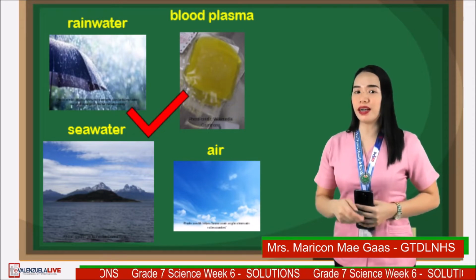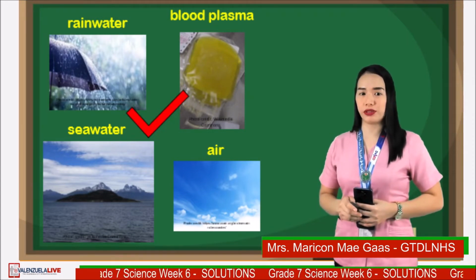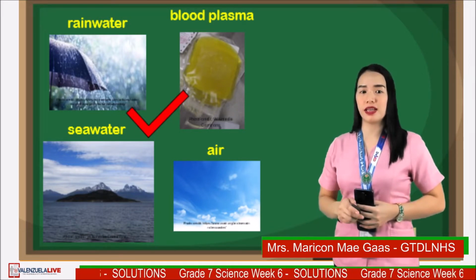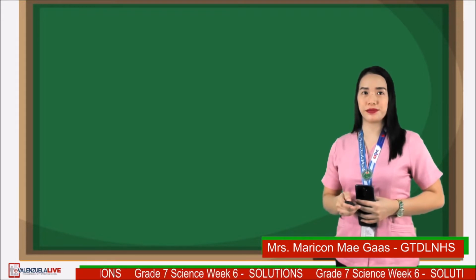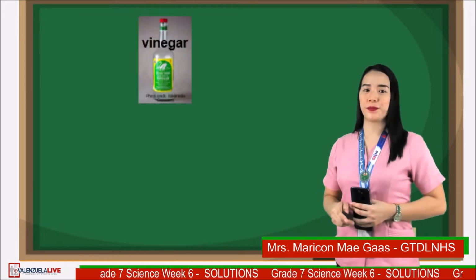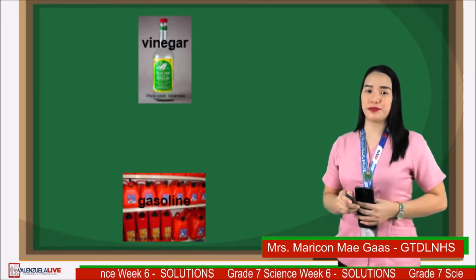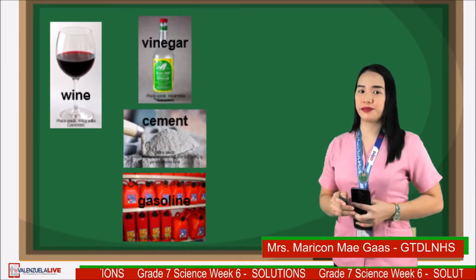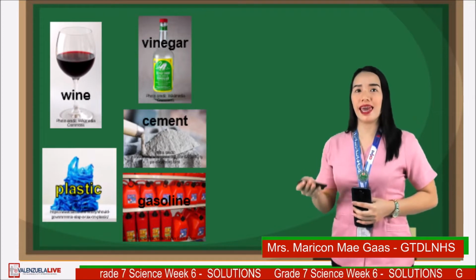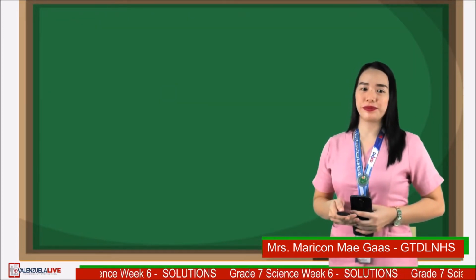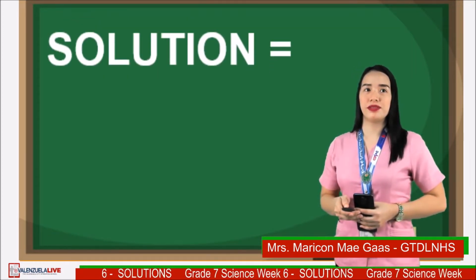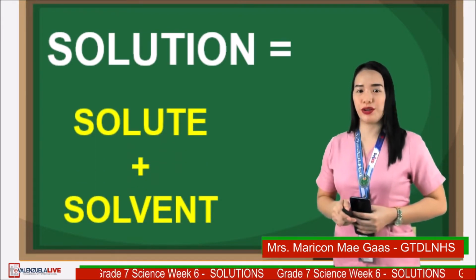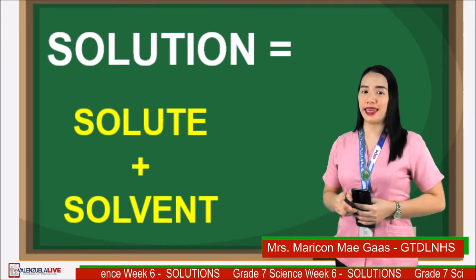Do you know that there are also manufactured or processed solutions that are made for a specific purpose, such as vinegar, gasoline, wine, cement, plastic, and a lot more. So, solution is a mixture of solute and a solvent.